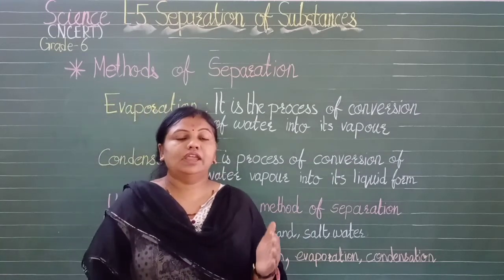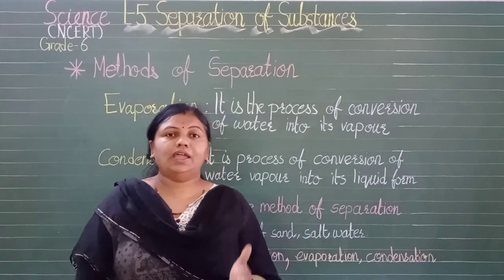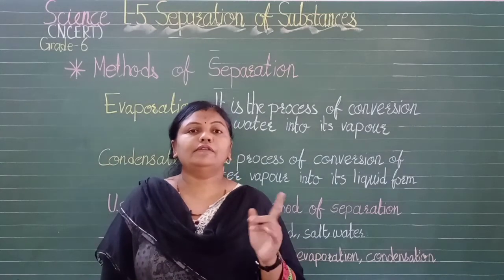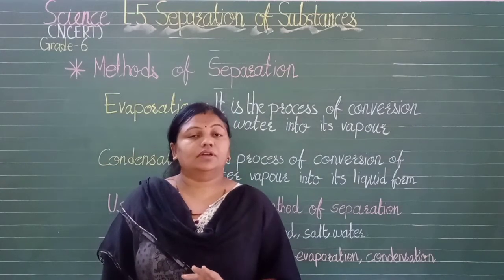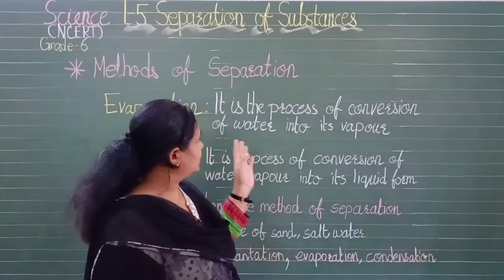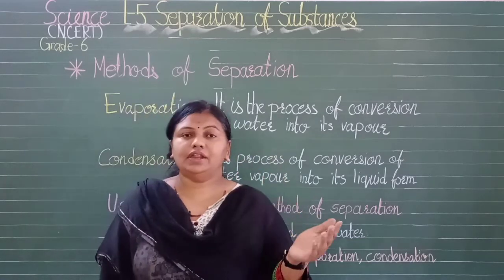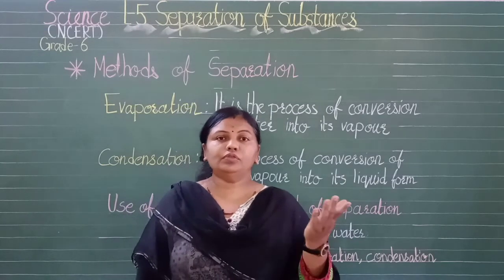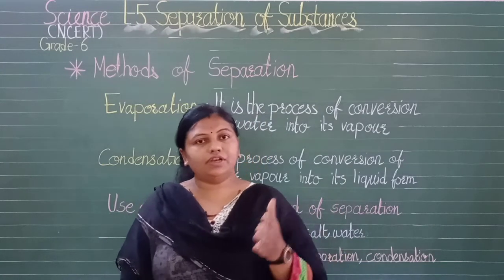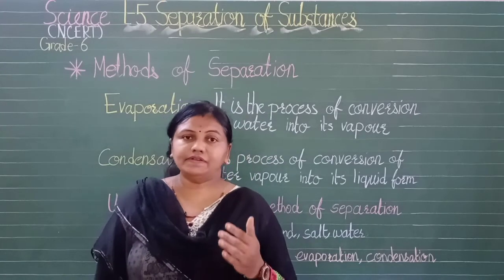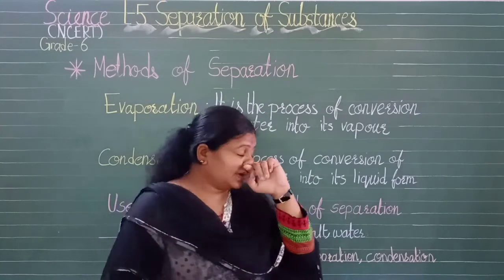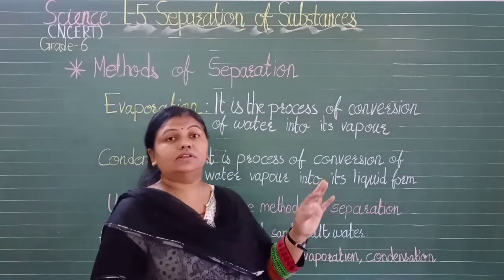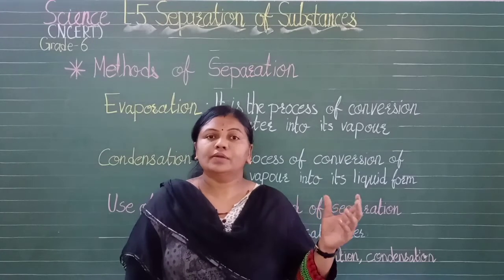Now students, it is not necessary that only one technique can be used to separate components. Last time we saw that sedimentation and decantation are connected: we can remove the water only when it is first added and the heavy substances have settled down. So more than one method of separation is used to separate some mixtures.